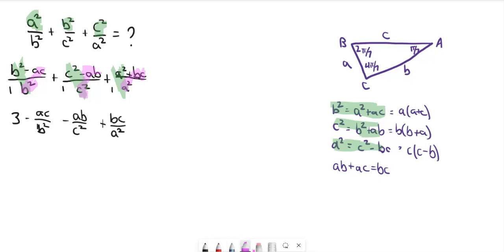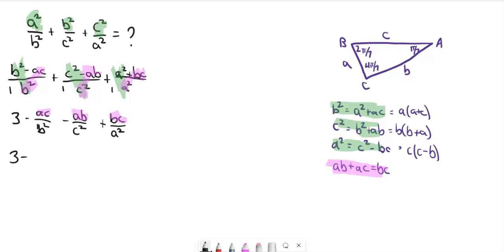Now, using this magenta here, we're going to refer to this one right here, and rearrange it so we're able to cancel off b's, c's, and a's from each fraction. Let's rewrite these the way they're supposed to be.